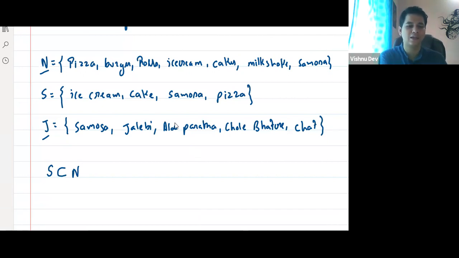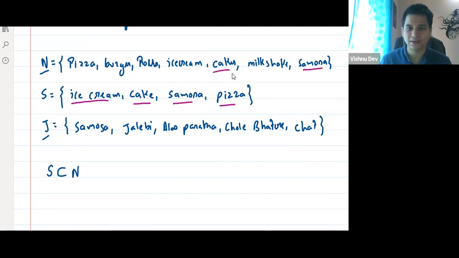I can say the choice of Sinchana is the subset of the choices of Navya. A subset is basically a smaller set, right? Sub means small. So suppose I have a bigger set and there's another smaller set. All the elements of this set, ice cream, cake, samosa and pizza, are there in this bigger set.